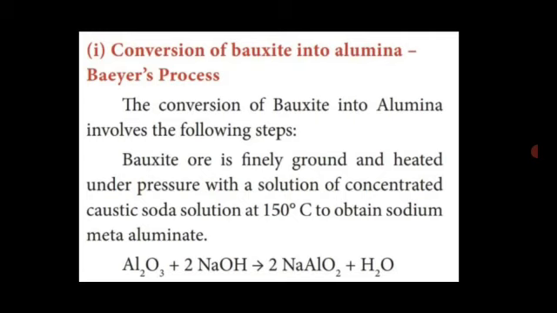First, bauxite is finely ground and heated under pressure with a concentrated caustic soda solution at 150 degrees Celsius to obtain sodium metaaluminate. Take bauxite ore, formula Al2O3, mixed with concentrated caustic soda.